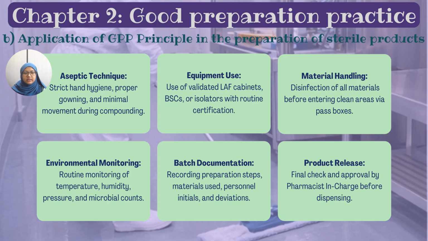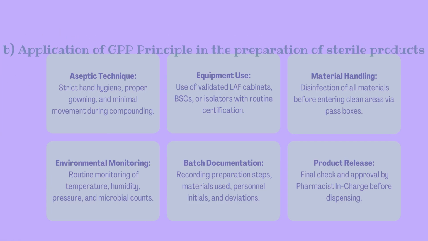All materials are disinfected before entering clean areas, and environmental conditions such as temperature and pressure are routinely monitored. Every step is recorded in batch documentation and the final product is released only after approval by the pharmacist in charge.